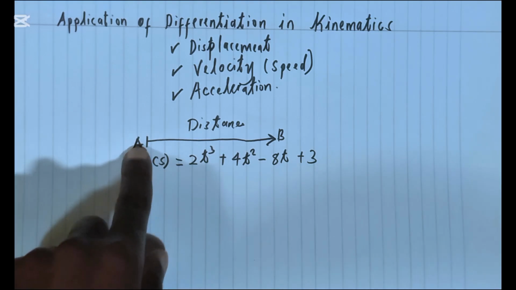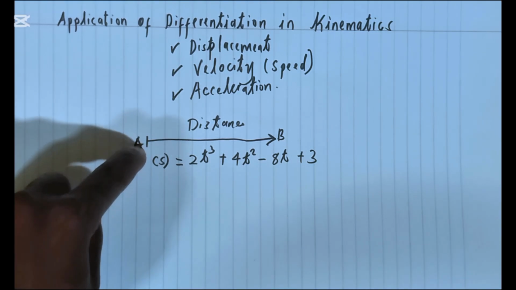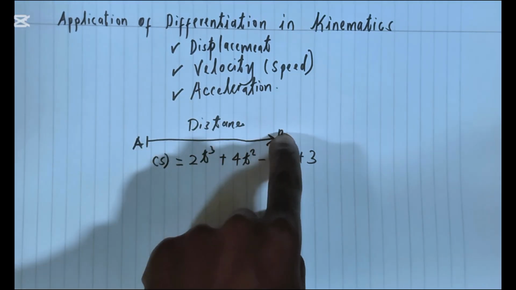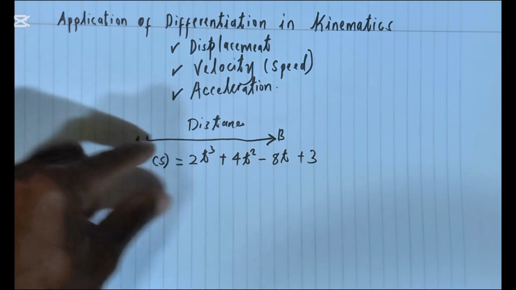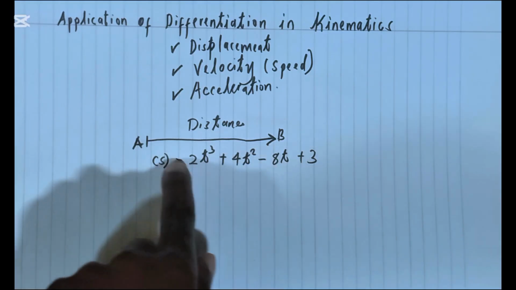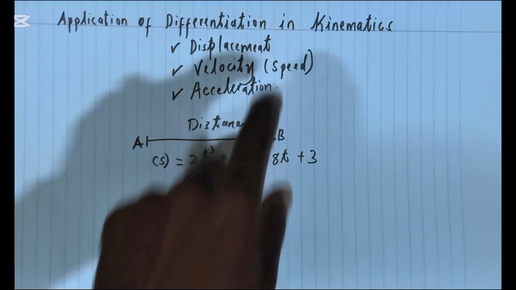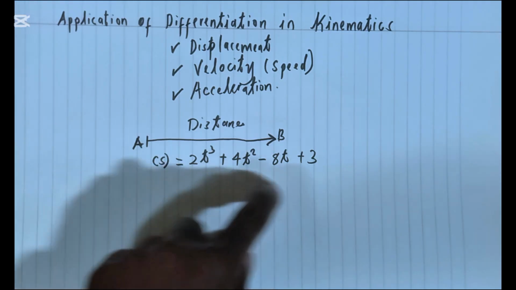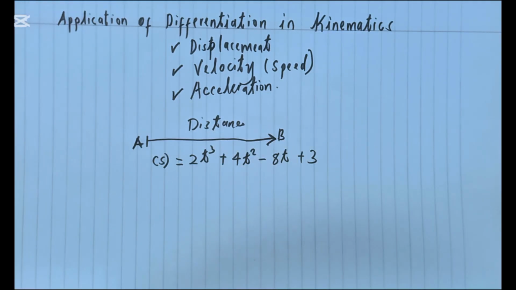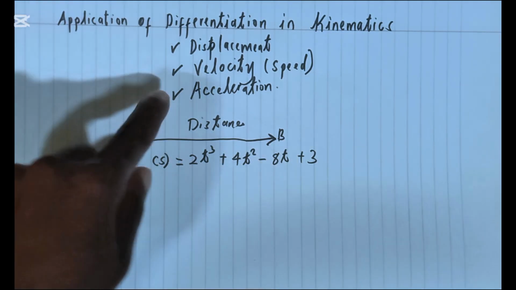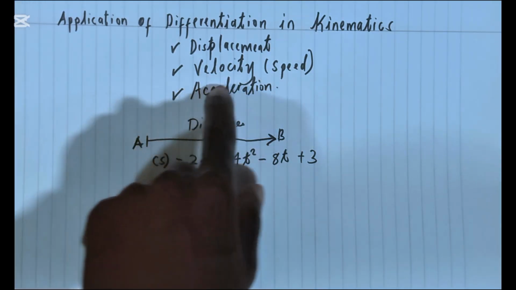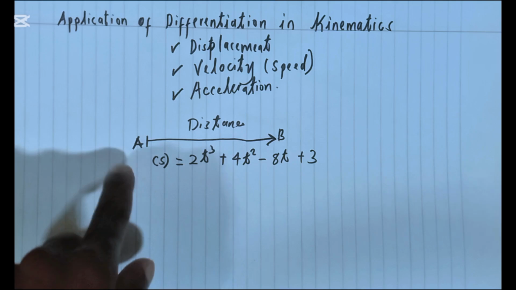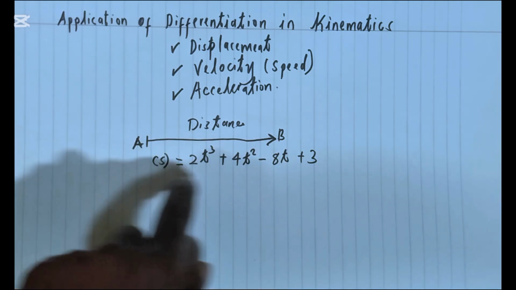So velocity comes in when we're talking of how fast that moving object covers the distance from A to B. The function that describes the movement from A to B is displacement, which we have here, and usually it is written with respect to time, as that is how we are then able to measure velocity as well. So velocity talks of how fast that distance is covered.